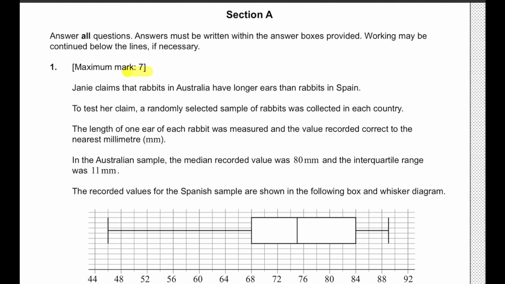In the Australian sample, the median recorded value was 80 millimeters, and the interquartile range was 11 millimeters. So we can say that the median Q2 is 80, right? Q2 is also the median. And then the IQR, the interquartile range, is 11.